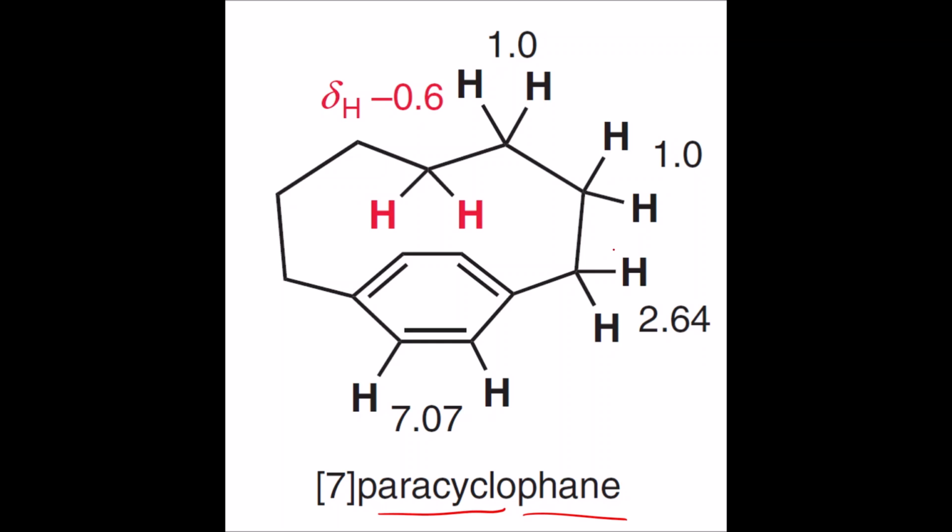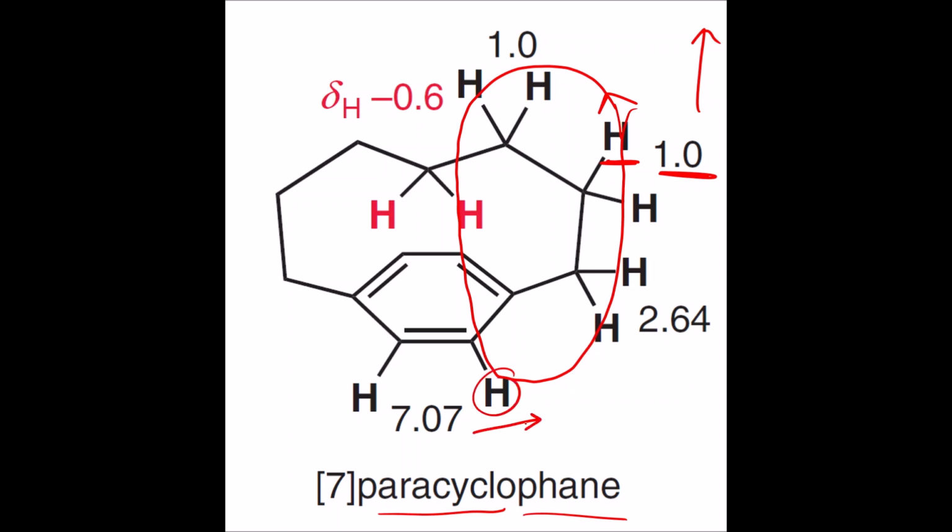Here also you can see diamagnetic anisotropy. So this is the external magnetic field. Again, if I draw the ring current, it would look something like this. The direction for the black ones, that is the benzene ones, is in the same direction as the external applied magnetic field, whereas for the red ones the direction is opposite.